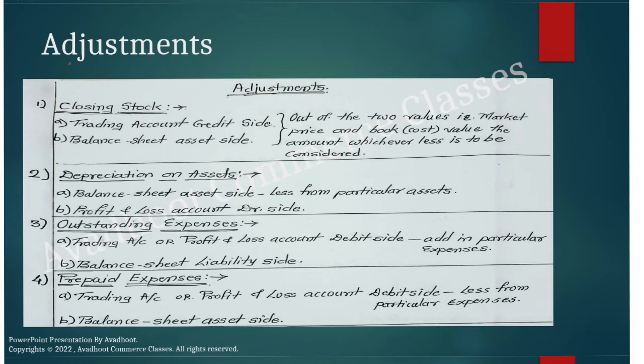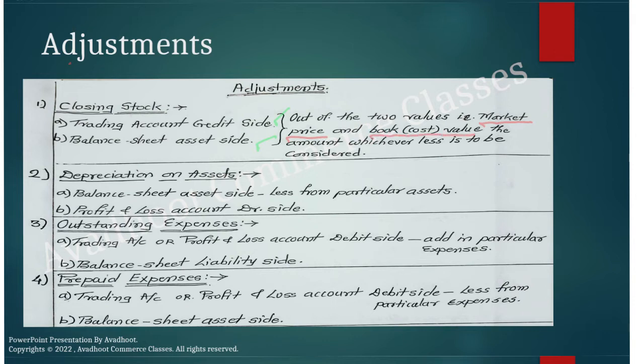That current asset obviously goes to the balance sheet asset side, whereas in the pro forma it is on the trading account credit side. We have already seen it. The most important thing here is that the closing stock has two values. One is the market price, or market value, and the other is called book value, or cost price.